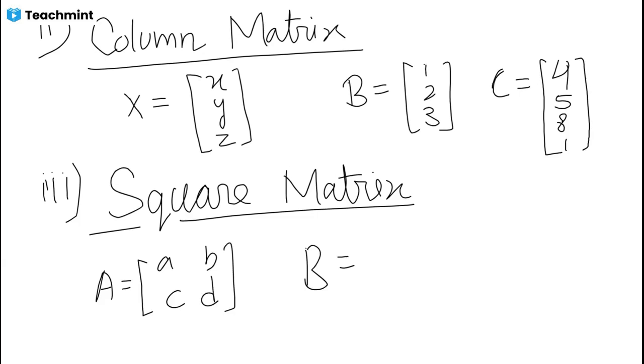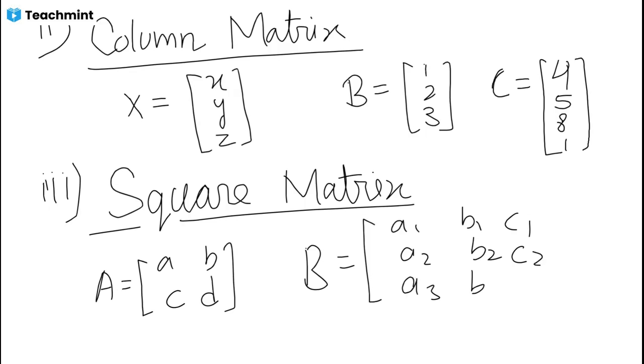Matrix V has A1, B1, C1, and A2, B2, C2, and A3, B3, and C3. So these are examples of square matrix. Got it? Yes, ma'am.